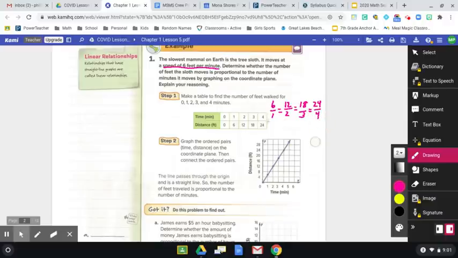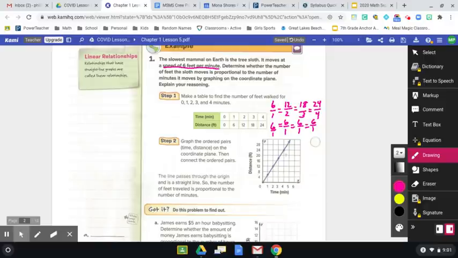I know 6 over 1 is the same thing as 6 over 1. I know 12 over 2 simplified is 6 over 1. 18 over 3, also 6 over 1. And 24 over 4, 6 over 1. So all of these are equivalent ratios, and I see that pattern or that unit rate of 6 going through it. So when I see that instantly in the table, I know this is going to be proportional.